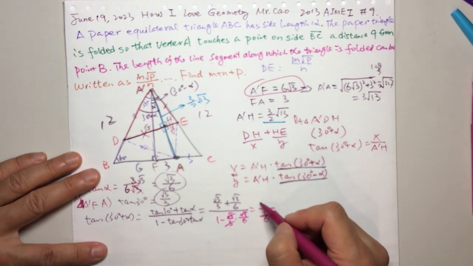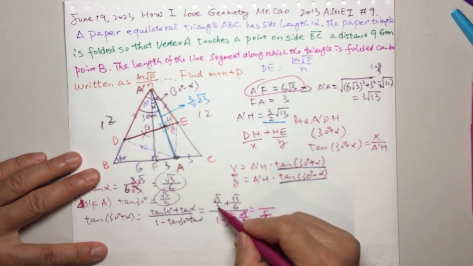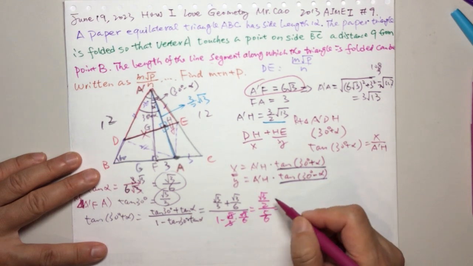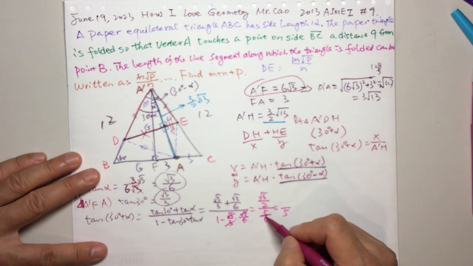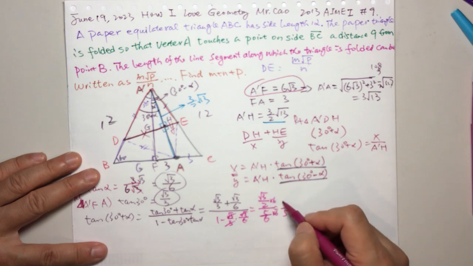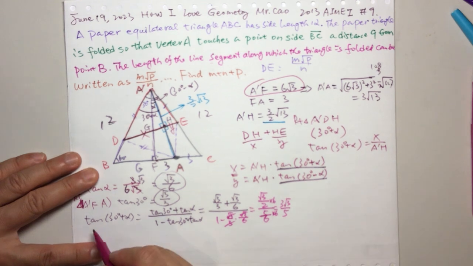And here we have 1/2 of square root of 3, so it will be 3 times square root of 3 over 5. Now we got this one.